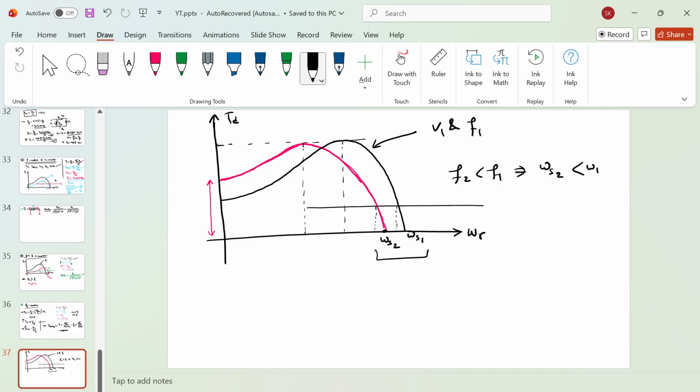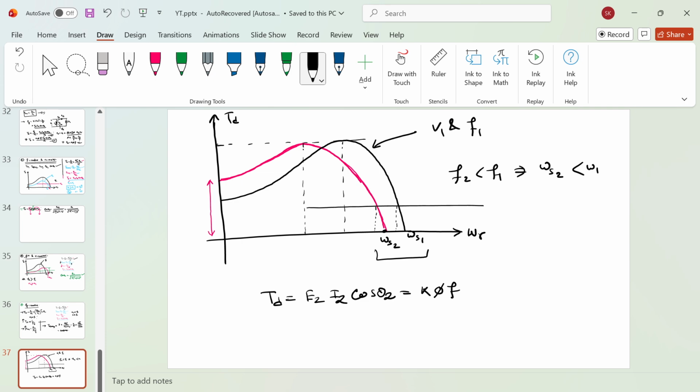The rotor power factor will increase, and if the rotor power factor increases, you can say from that particular equation, Td is equal to E2 I2 cos theta 2. Okay, and E2 is basically proportional to phi and f.